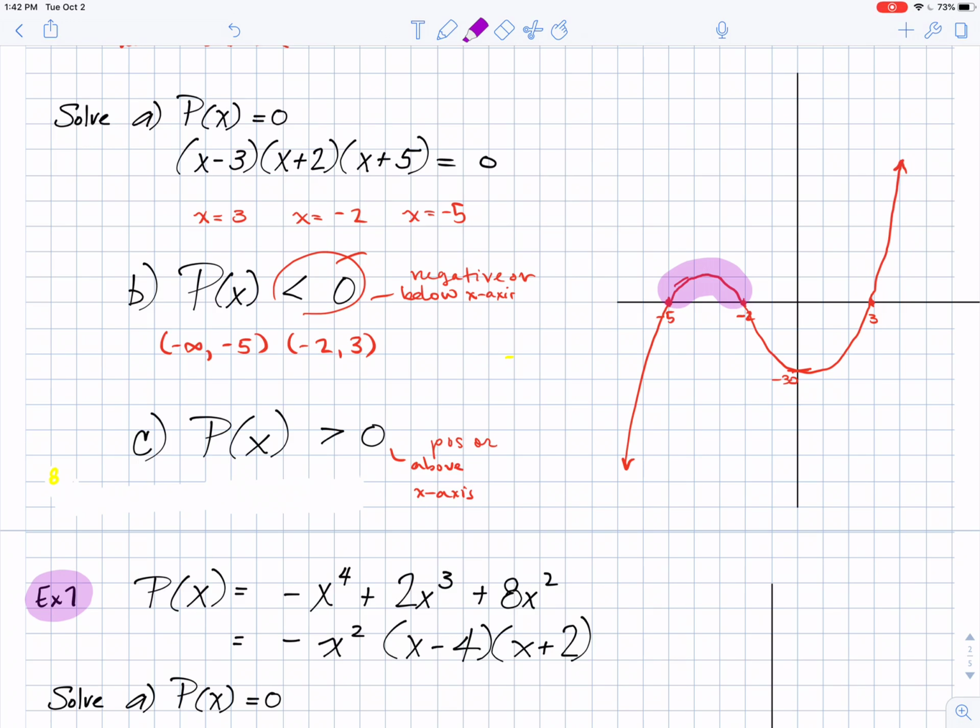So that first piece that is above, it starts at -5 and it ends at -2. The second piece starts at 3 and ends at positive infinity. Again, I did not use any square brackets here because I did not want the on parts of the graph. I only wanted above the x-axis, not on the x-axis.